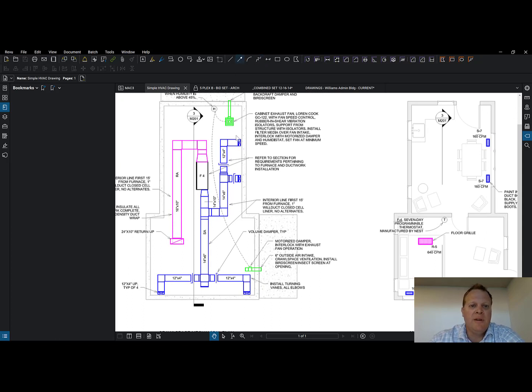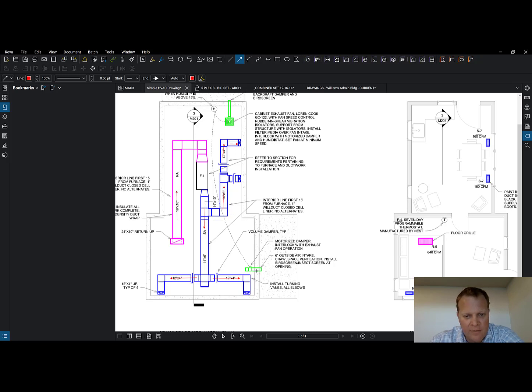So if I was to label this real quick, I'd go like this, that way, that way, that way. Okay, and then that might be the end of it.